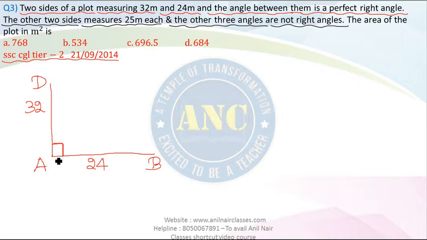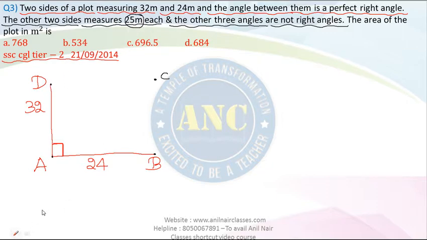Suppose from D to C, I make it 24 meters like AB. Then B to C will become 32. But the question says D to C is not 24. D to C should be 25 meters.